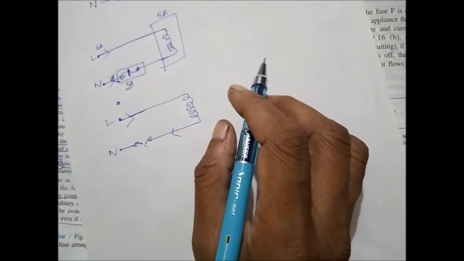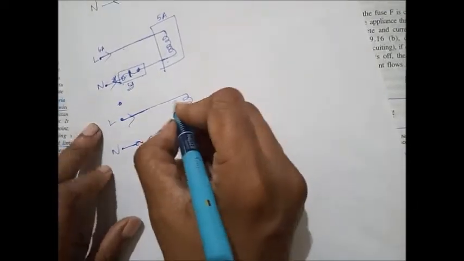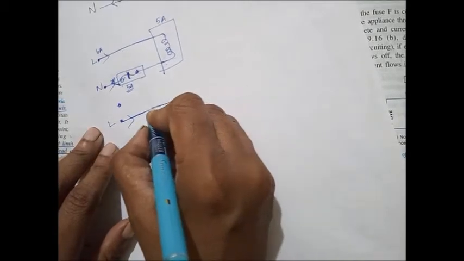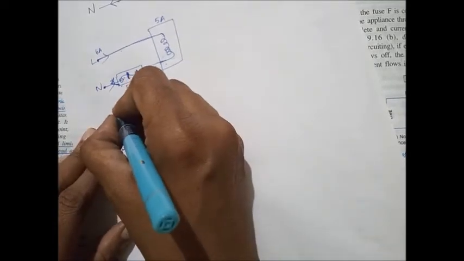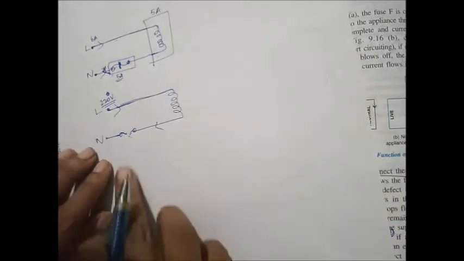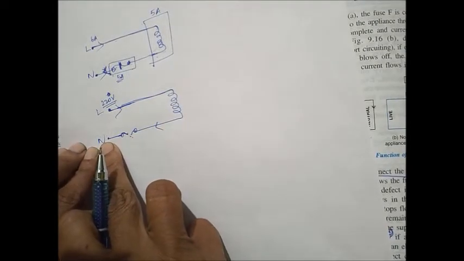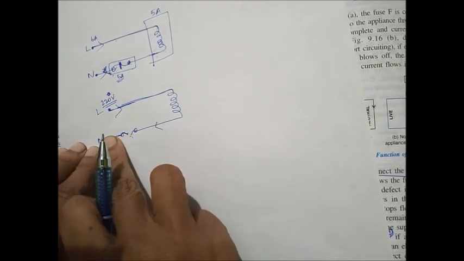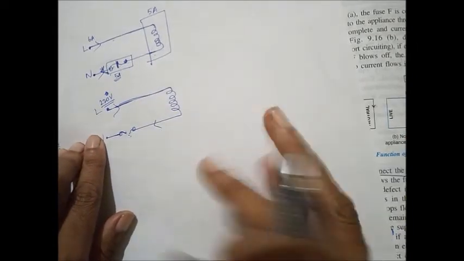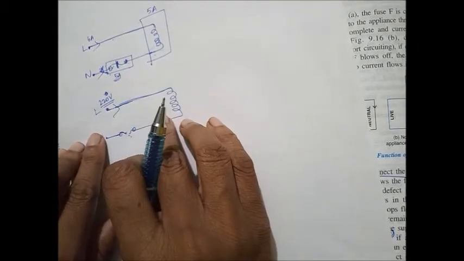So that is okay. But the problem is, this live wire is still connected to 220 volt. Now what happens? You switch it on but this appliance is not working, so you call the electrician and he opens the circuit.